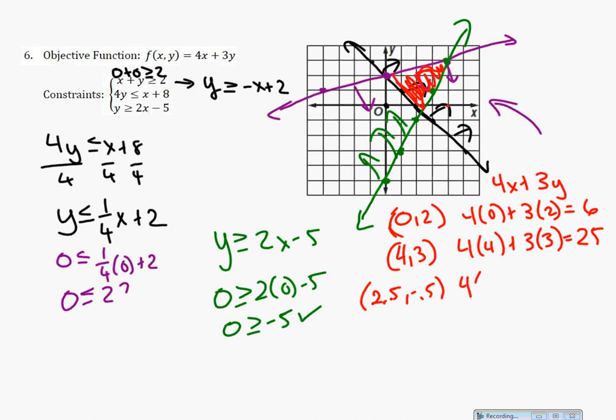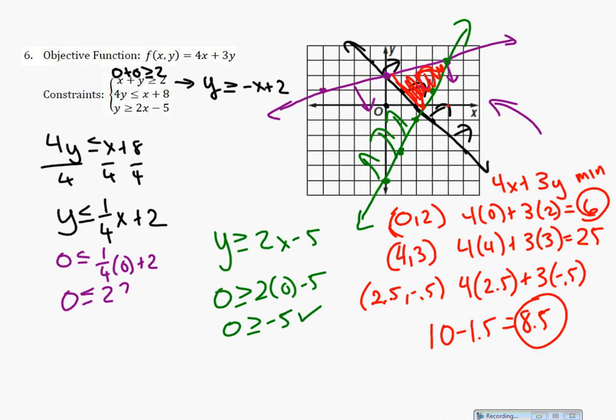Then 4 times 2.5 plus 3 times the negative half is going to equal 10 minus 1.5. So that's going to be 8.5. So this one doesn't even really matter because this one's my minimum and this one's the maximum.